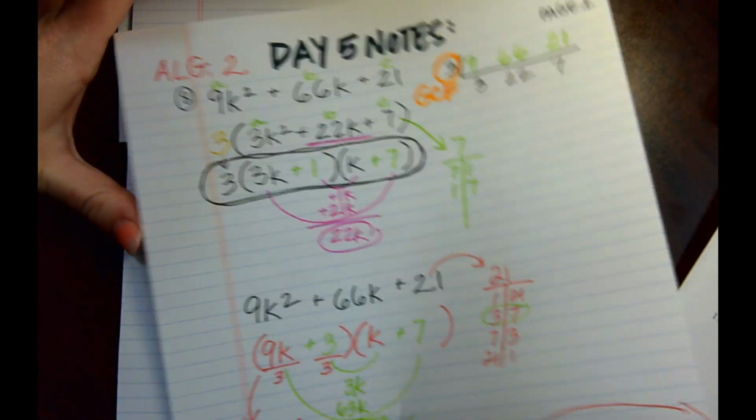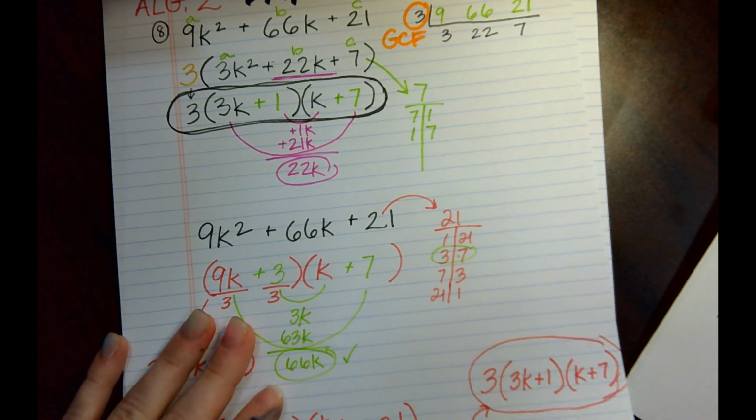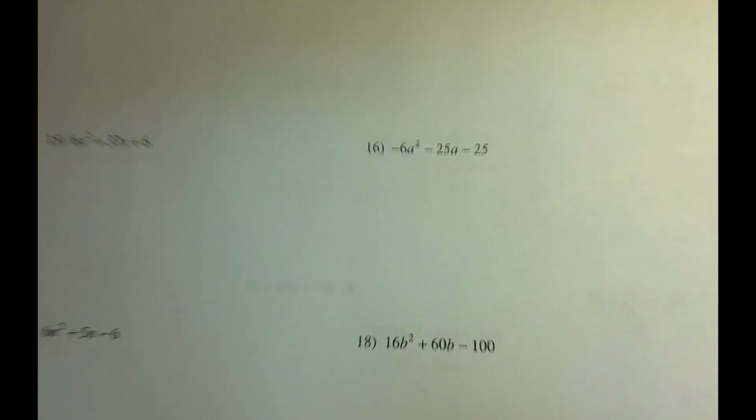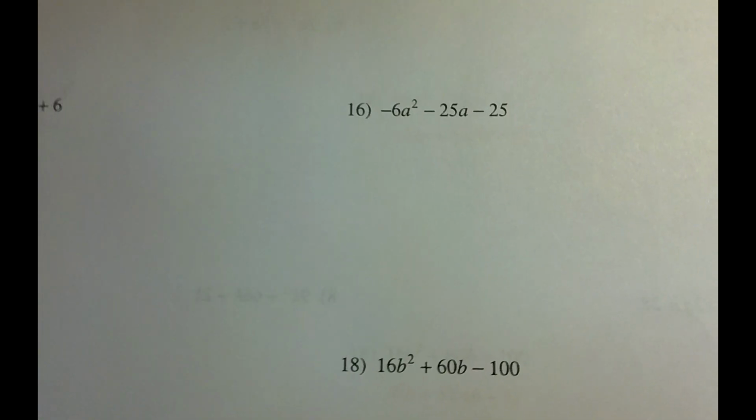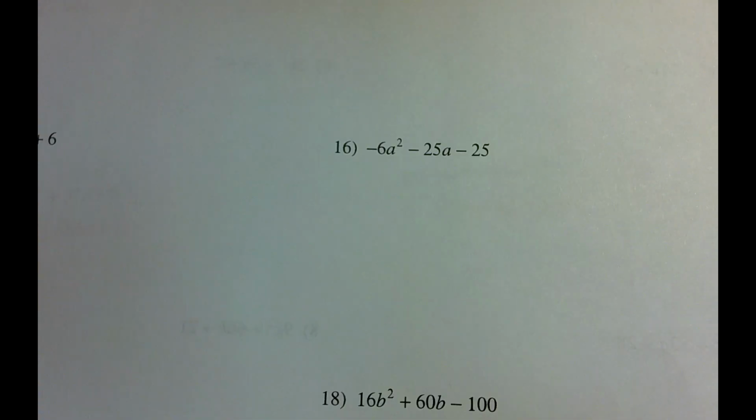All right, I'm going to teach you a trick on 16. Now, I'm going to tell you on your quiz, I'm not going to give you one like this where they're all negatives, but it's good to know that it exists. Number 16. I'm going to rewrite this one as well.